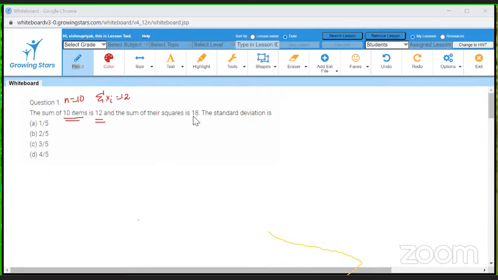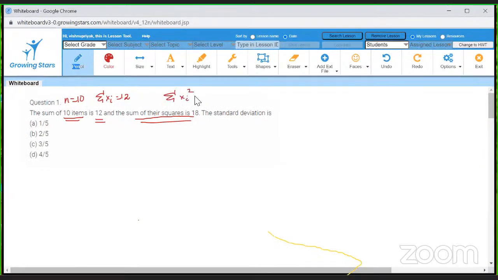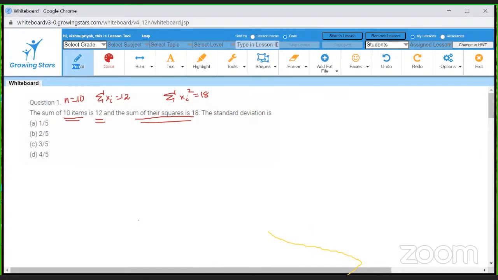Sum of their squares is 18. Sigma xi square is 18. They are asking you standard deviation. So first we will find variance. After that, finding standard deviation will be easy.